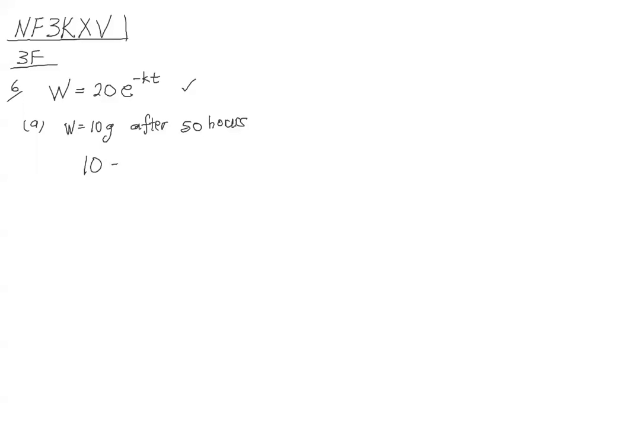So 10 equals 20 e to the power negative K. Then what should my T be? Should be 50. Yeah, 50. So that is how you use this information to get the answer. My question on my paper was wrong. Okay, that is question 6, exercise 3F.